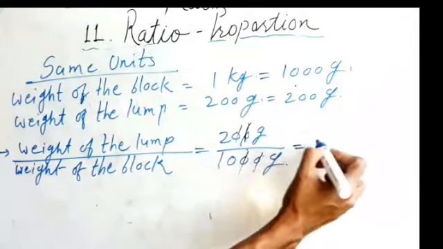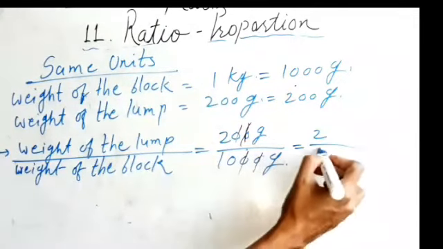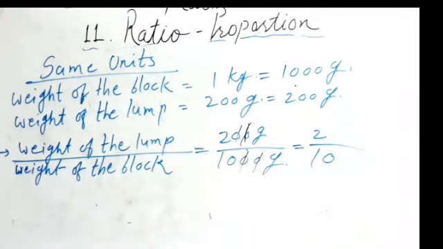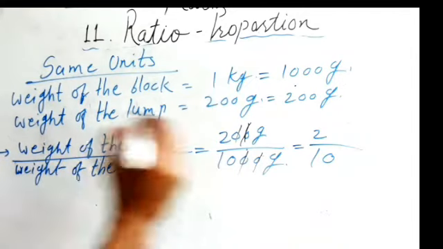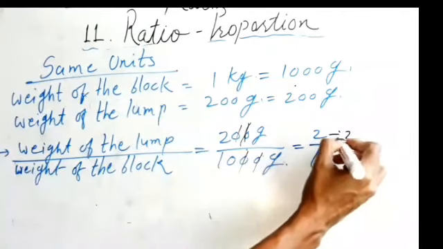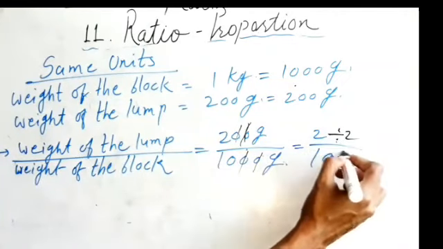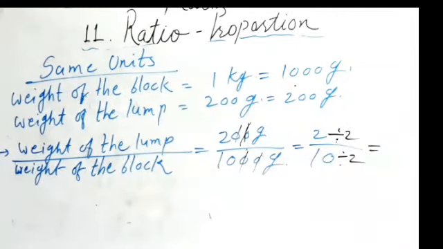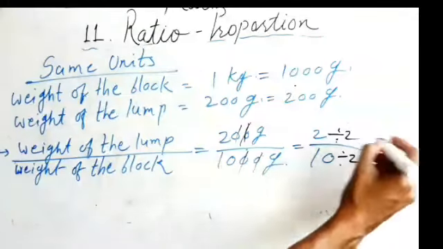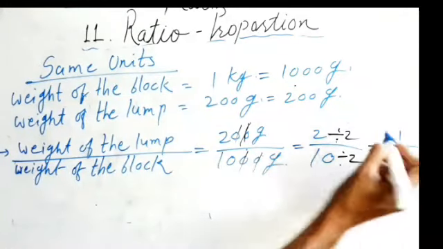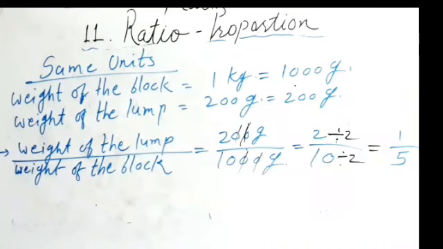Then what will remain here? 2. And here? 10. Now again you can make it into the simplest form. You have to divide by the same number. Both the numbers are divisible by 2. Then 2 ones are 2, 2 fives are 10. So 1 is to 5.